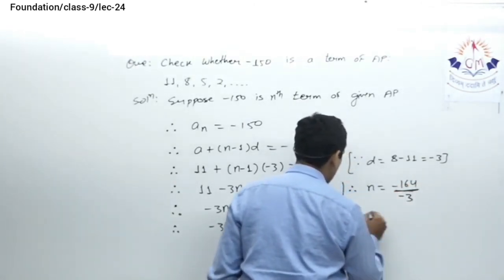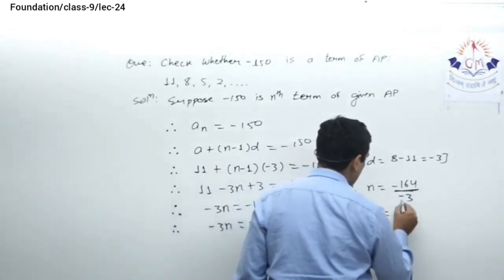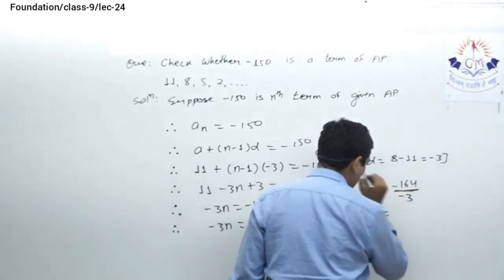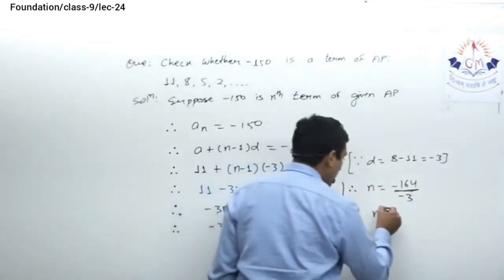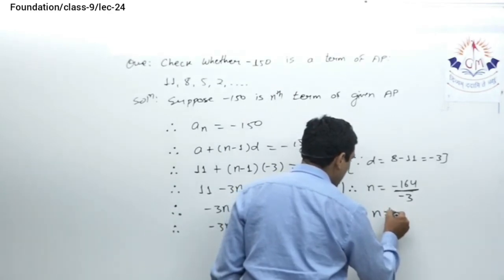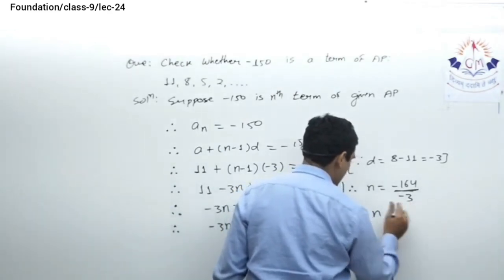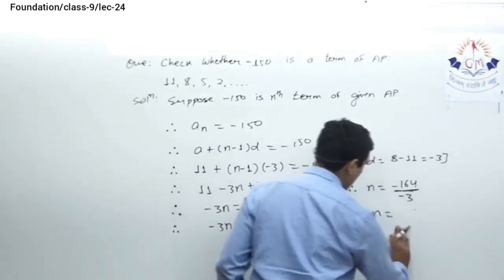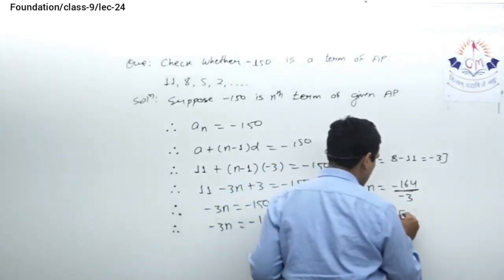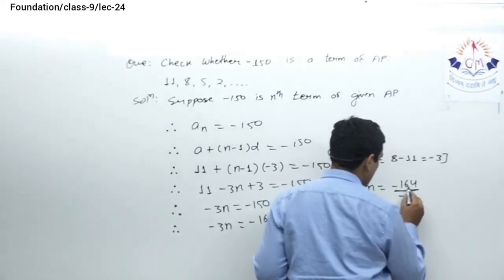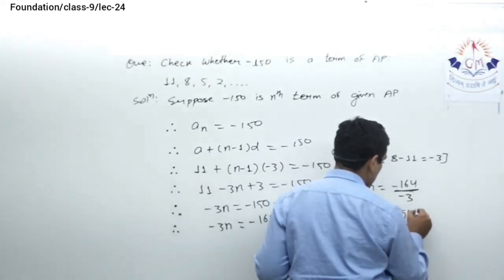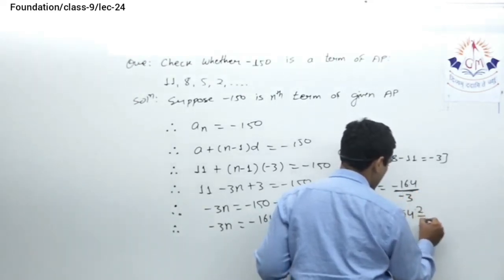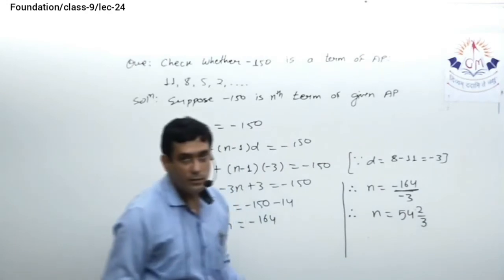Therefore n is 164 by 3. If I simplify it, it will become a fraction, which is not a natural number.